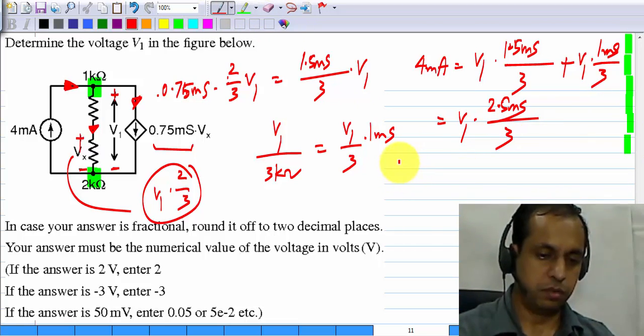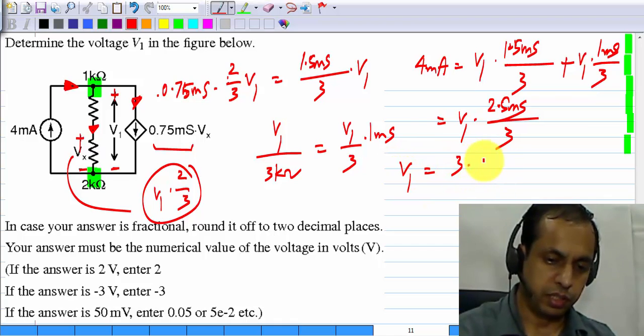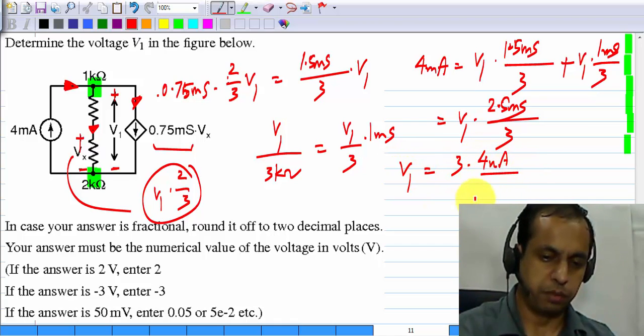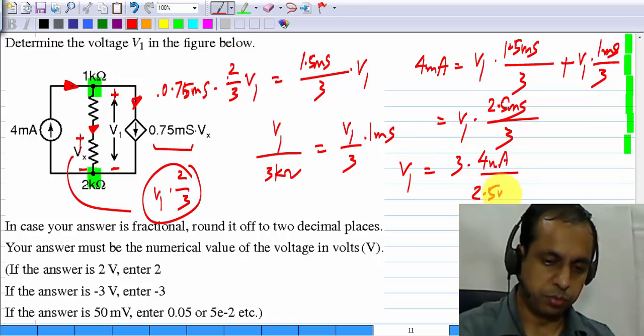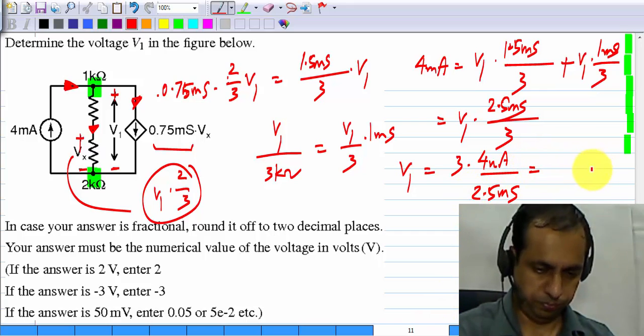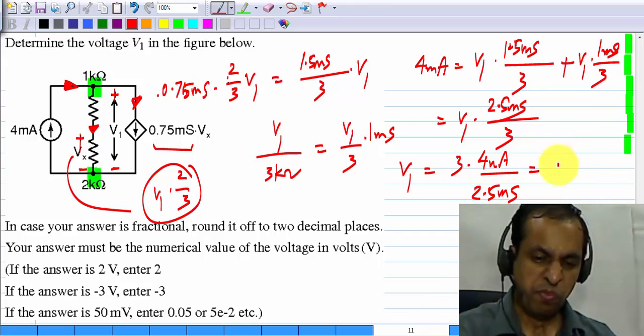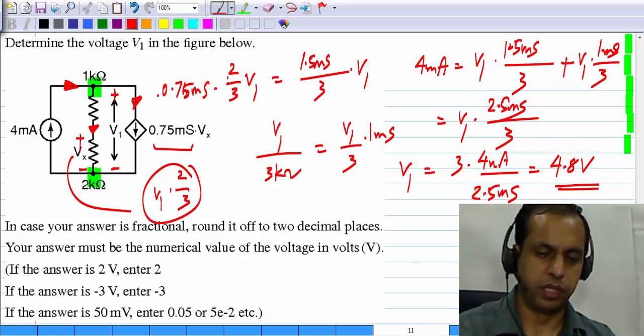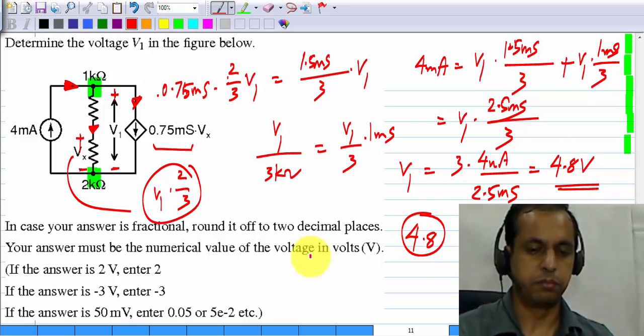So V1 is 3 times 4 milliamps by 2.5 millisiemens, or 4.8 volts. So the answer is 4.8.